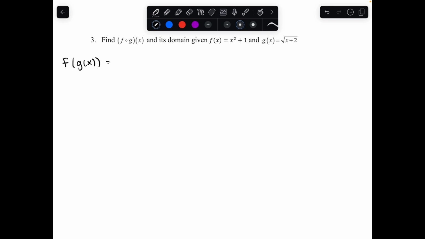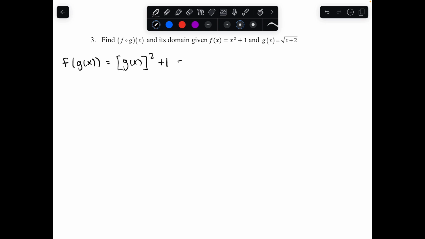So I'm going to input g of x anywhere I see an x in my function f. So f of g of x is going to be equal to g of x quantity squared plus 1. Now I know what g of x is equal to. It's equal to the square root of x plus 2.